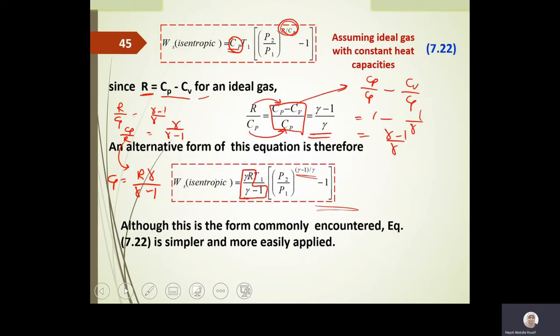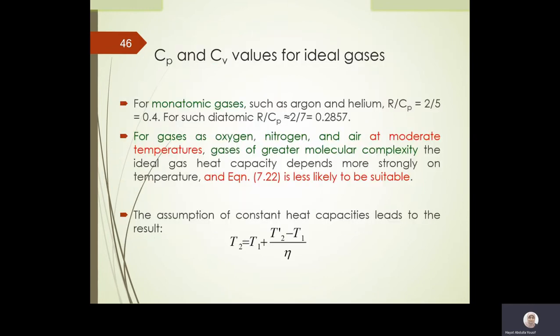The last thing I want to say is, if the Cp is constant, then how much is it supposed to be? There is a rule for it. Normally, if you have a monoatomic gas, meaning gases with only one atom, like for example argon, helium, of course not O2, that is not monoatomic. That is 2 atoms. I'm talking about gas that has only 1 atom.